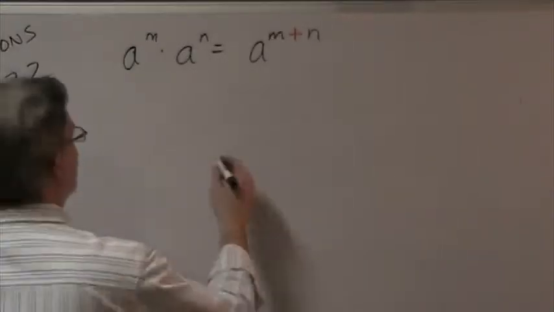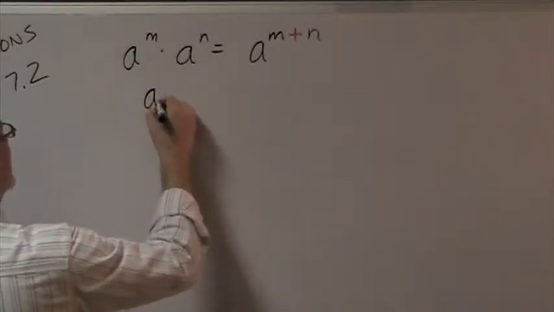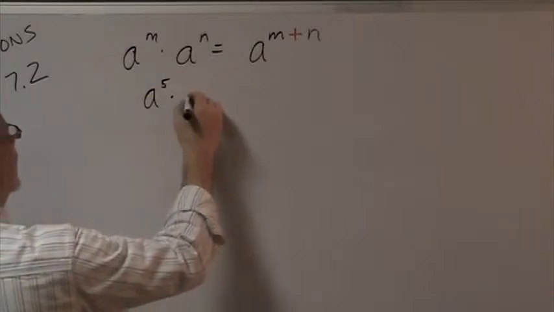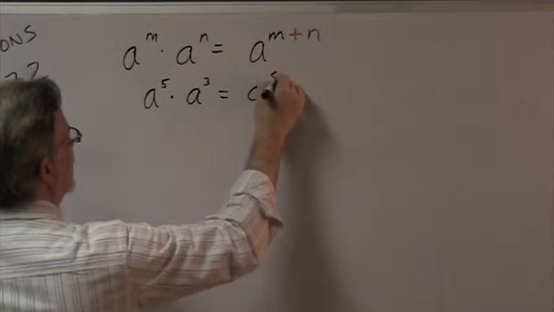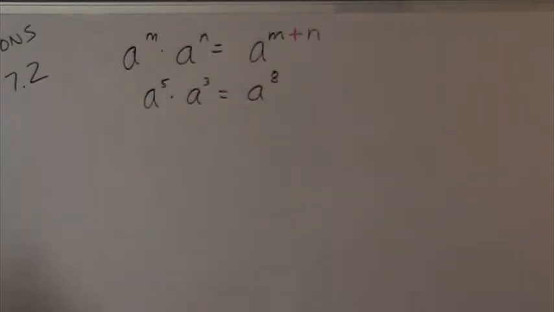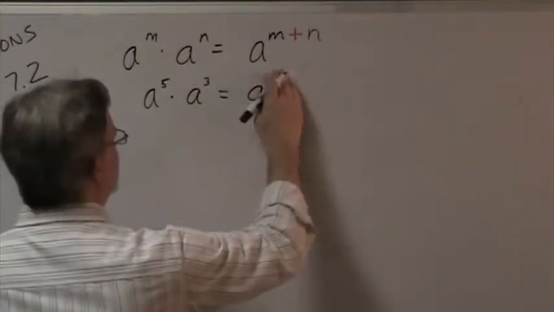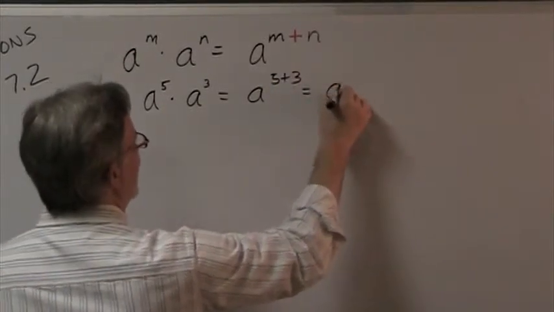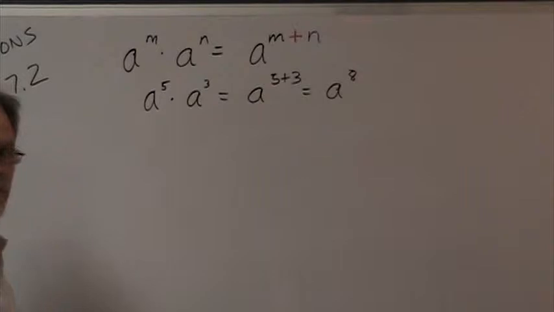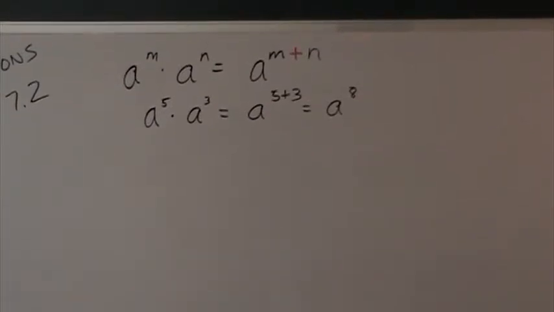So for example, a to the 5th times a to the 3rd is equal to a to the 8th. Very simple, right? It's a to the 5 plus 3, which equals a to the 8th. Okay? That's called the product rule.